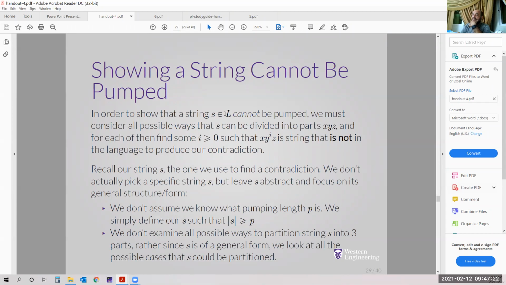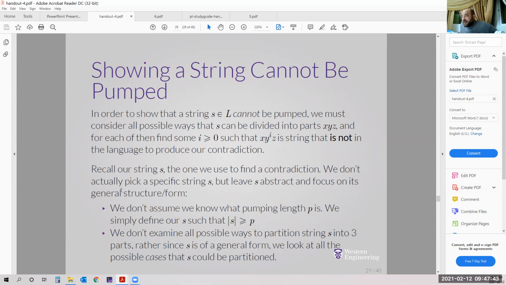In order to show that a string S cannot be pumped, we must consider all possible ways that S can be divided into parts X, Y, Z, and for each of them we find some i greater than or equal to 0 such that X Y to the power i Z is a string that is not in that language. And in that way, we prove that this language is not regular.